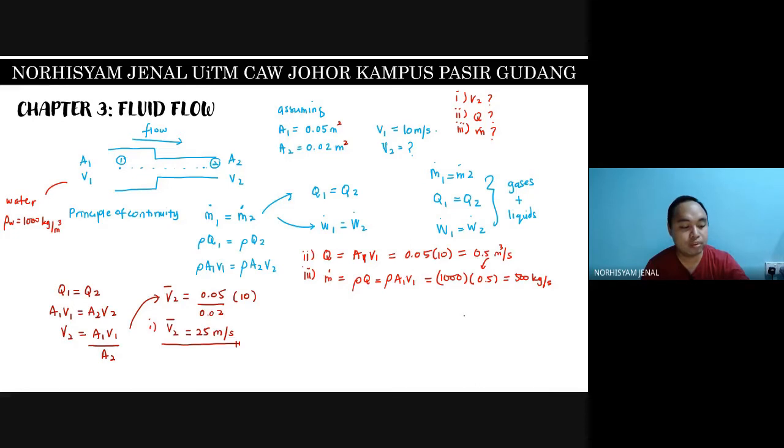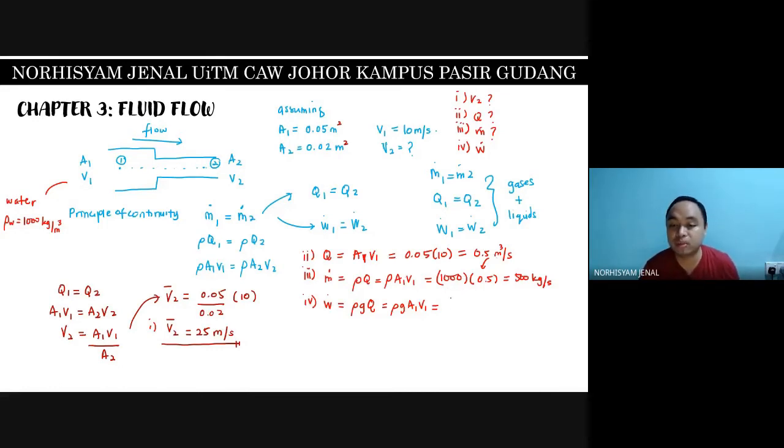Okay. And the last one should be what is the weight flow rate. Okay, so the weight flow rate, maybe we can do simple calculation over here. Weight flow rate is equal to rho G Q, or rho G A1 V1, for example. So we have the Q over here.